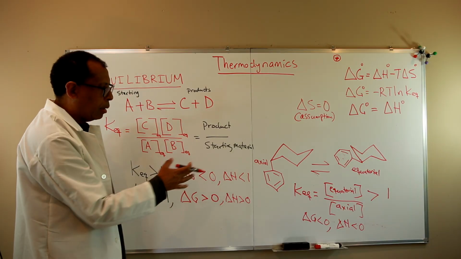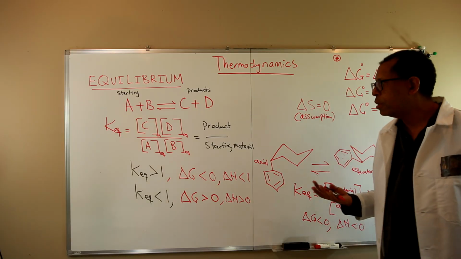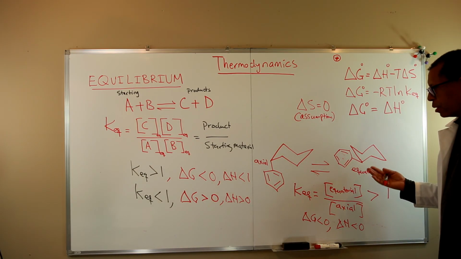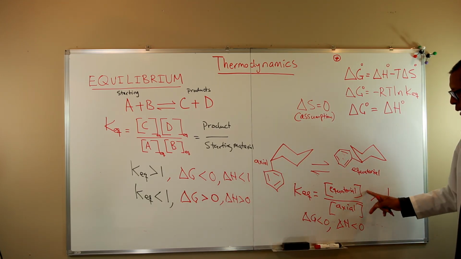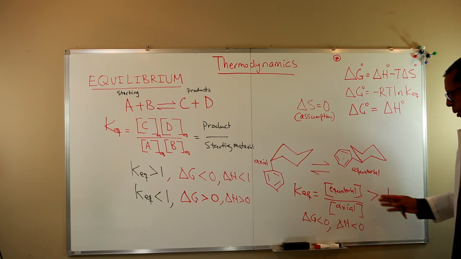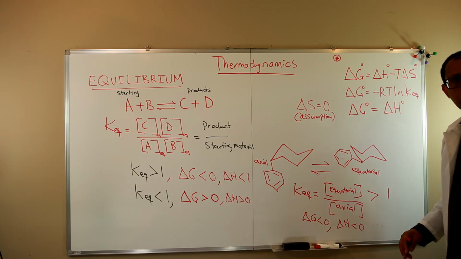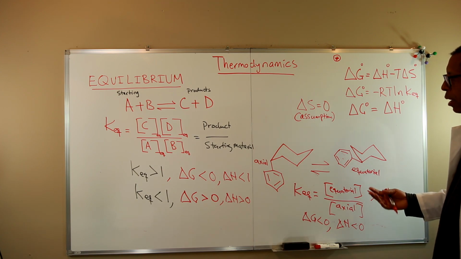Because from our chemical intuition, we know that the equatorial position is a more stable and more favorable conformer than the axial one. So in the forward direction, the equatorial over axial concentration would be greater than 1, and delta G, delta H, both would be less than 0. So that is the thermodynamics.